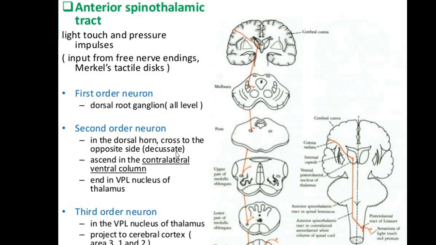They decussate and ascend in the contralateral ventral column. They end in the ventral posterolateral nucleus of the thalamus. The third order neurons in the ventral posterolateral nucleus of the thalamus project to the cerebral cortex. So here you can see the passage of the anterior spinothalamic tract.